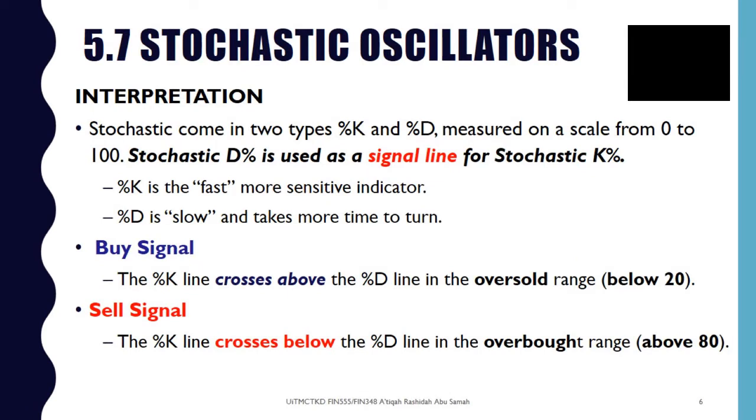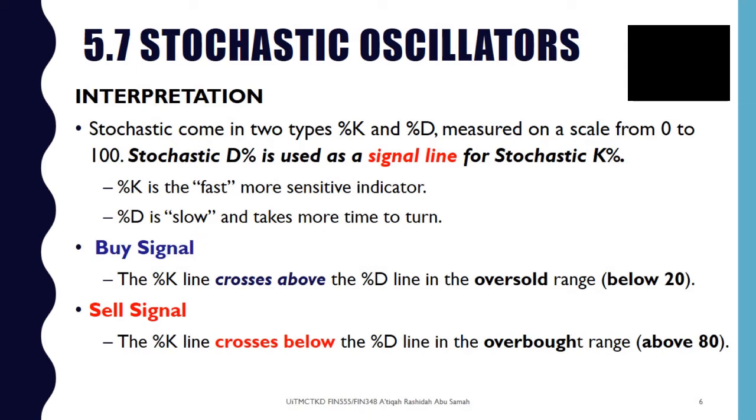Now we go to the interpretation. How do we interpret the indicator by using stochastic? Stochastic comes in two types, which are percentage K and percentage D, measured on a scale from 0 to 100.